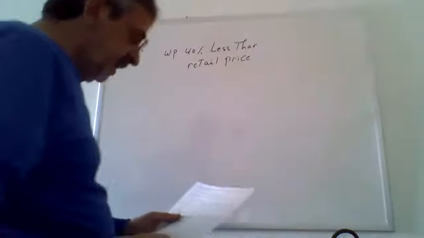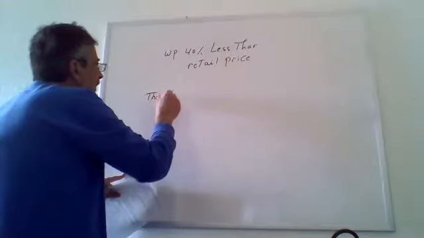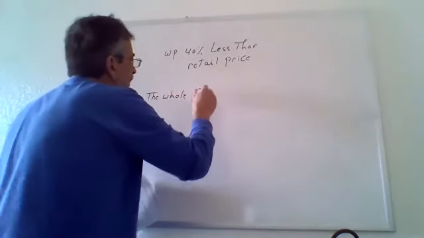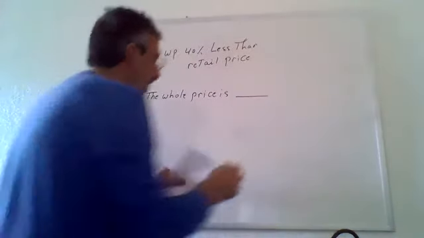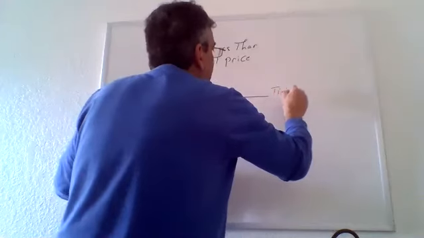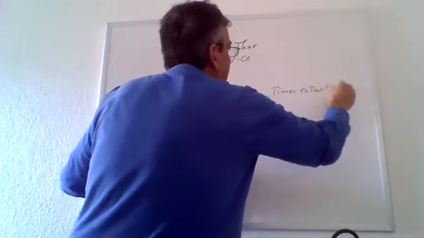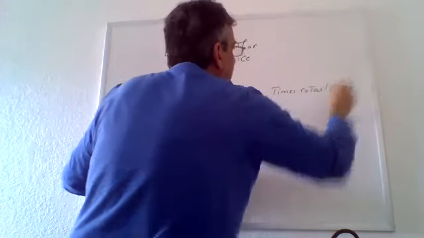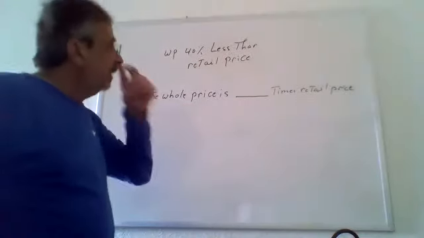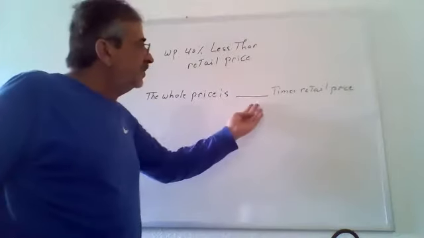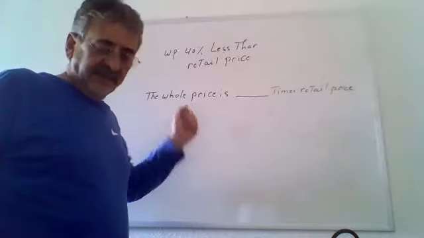It says in there, therefore, the wholesale price is blank times retail price. So we're supposed to figure out the blank. Fill in the blank. Now I need to know, what do I need to multiply the retail price by to get the wholesale price? Yes?